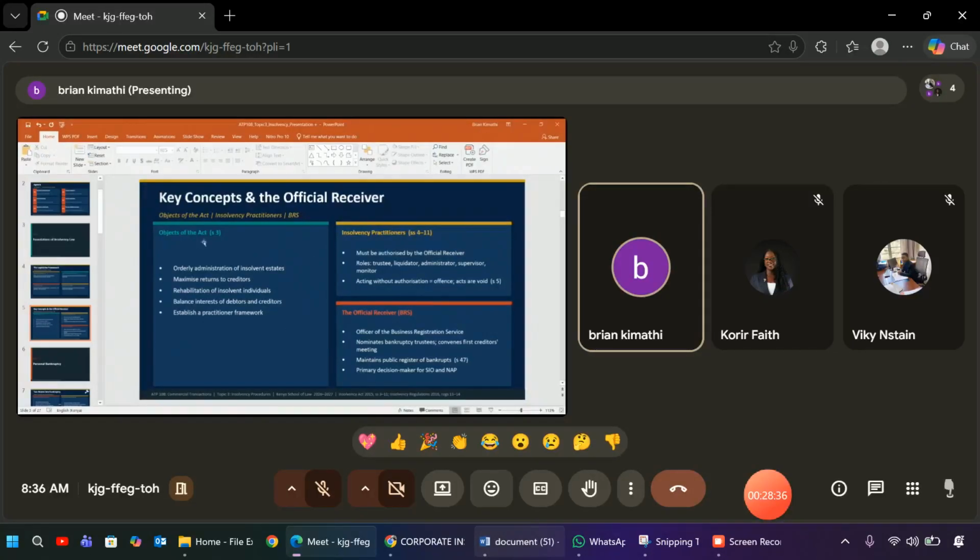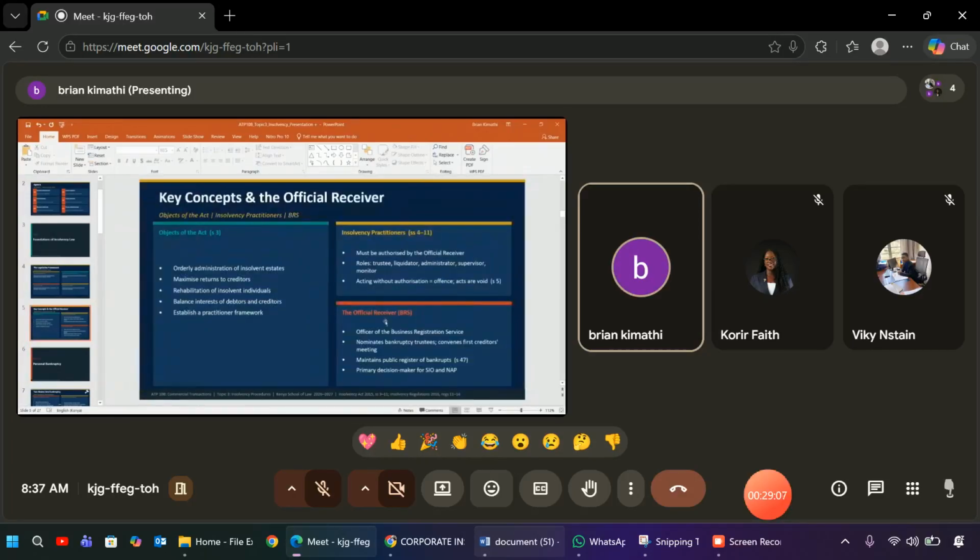That is section 3. Then we have sections 4 to 11; please refer to the act. Insolvency practitioners must be authorized by the official receiver. Then we have the roles: the trustee, liquidator, administrator, and supervisor and monitor. Acting without authorization is an offense. The acts are void under section 5 of the act.